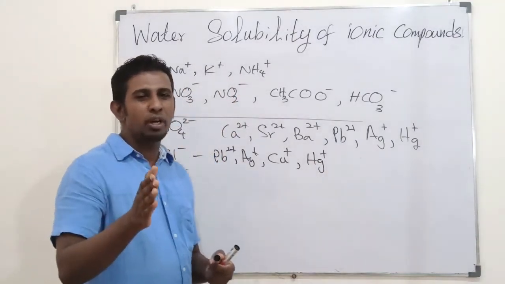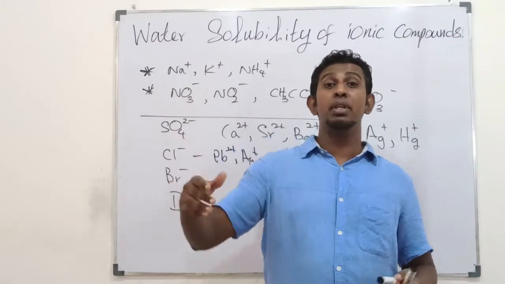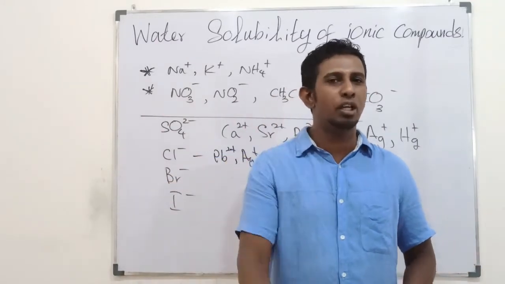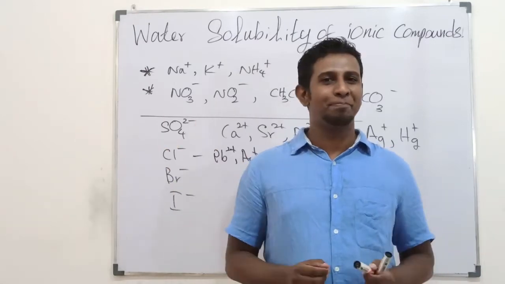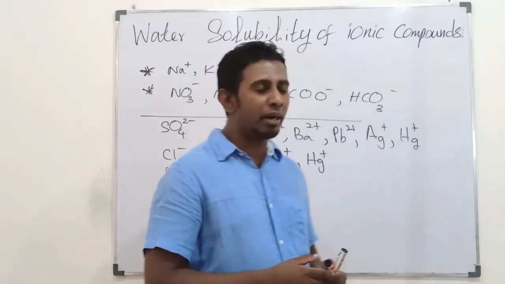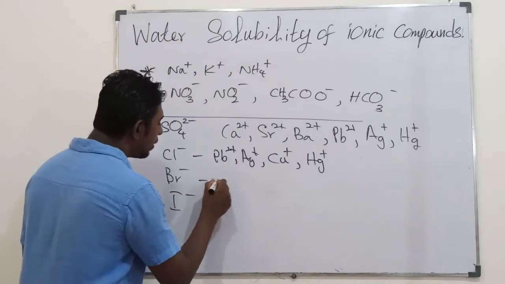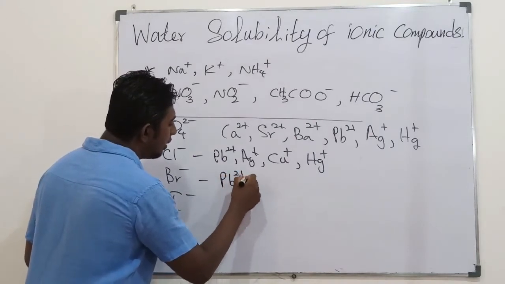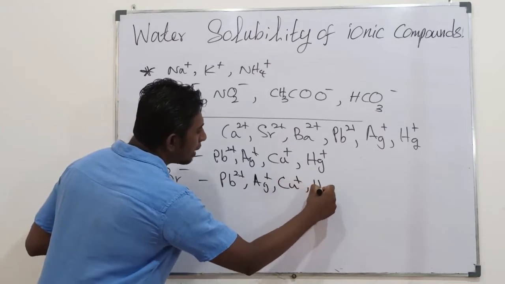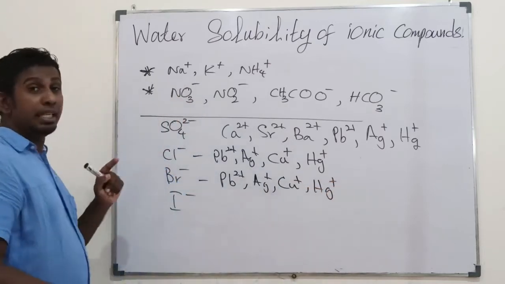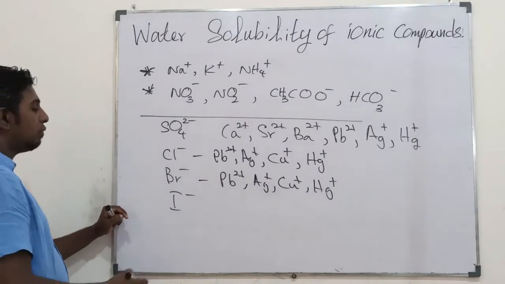When you talk about chlorides, it's lead, silver, cuprous, mercurous. Their chlorides are water insoluble, all the other chlorides are water soluble. Okay, let's talk about the bromide. For the bromide also it is the same: lead, silver, cuprous and mercurous. Their bromides are water insoluble, all the other bromides are water soluble.